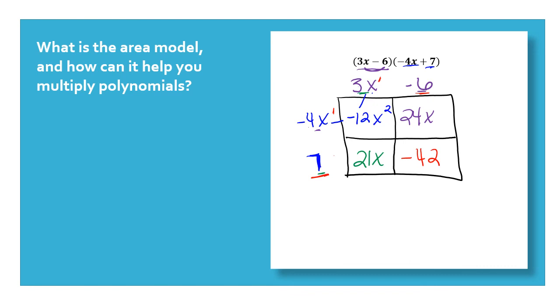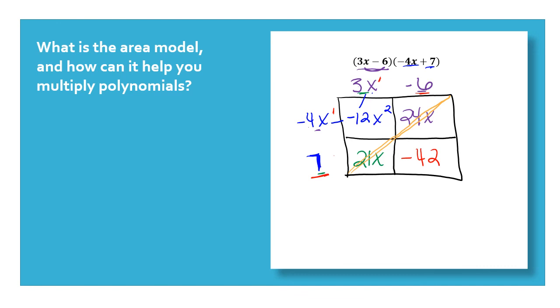If your factors are written across the top and down the side in standard form, there's a fun trick that you can use to remember what you need to add. So I'm going to take a line diagonally across this. Okay?